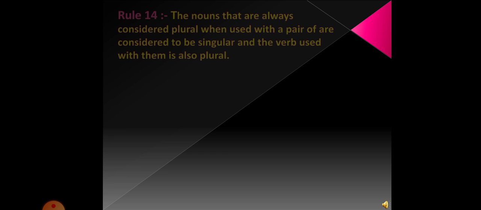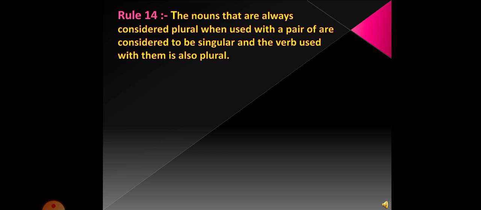Now the next rule is the nouns that are always considered plural, when used with a pair of, are considered to be singular and the verb used with them is also singular. Let's see some examples. This pair of scissors is not sharp. Okay.